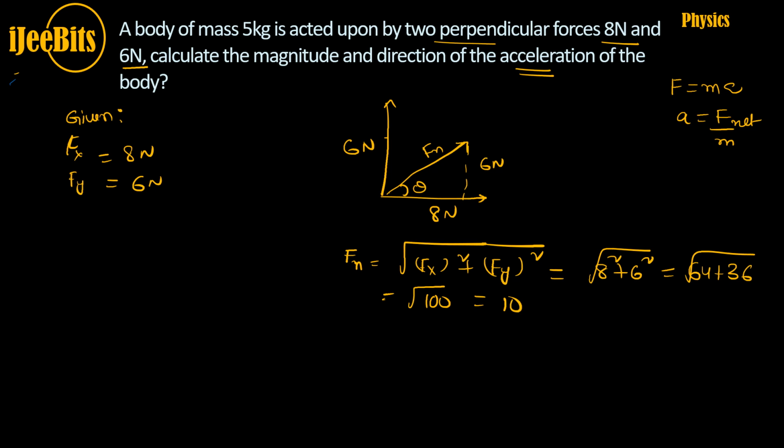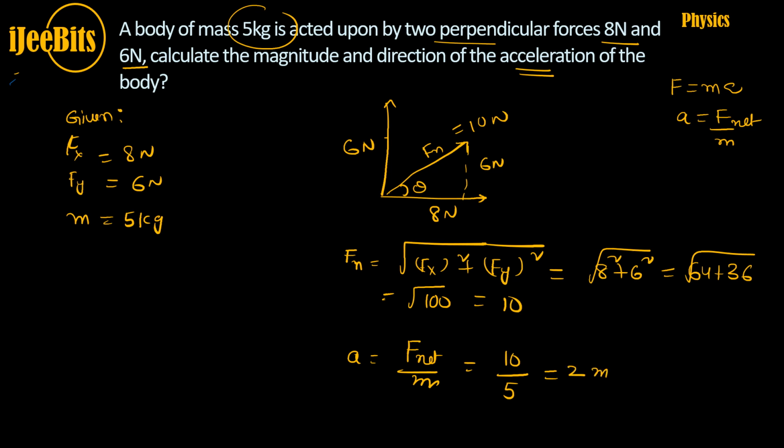So this would be your 10 newtons. This is the resultant. Now, how much is the acceleration? A would be F net by mass. So 10 by the mass, which is 5 kg. Then you get 2 meters per second square. You must remember the units.